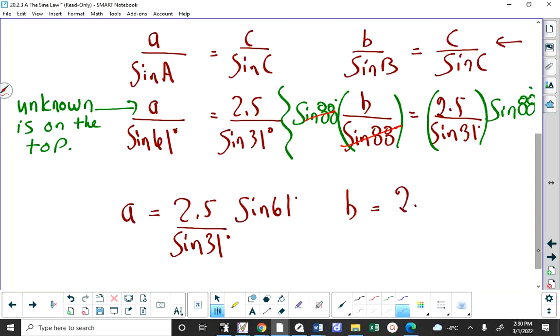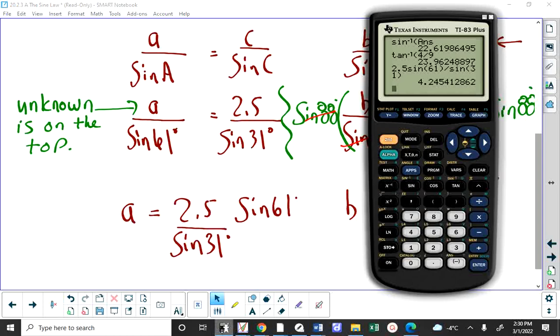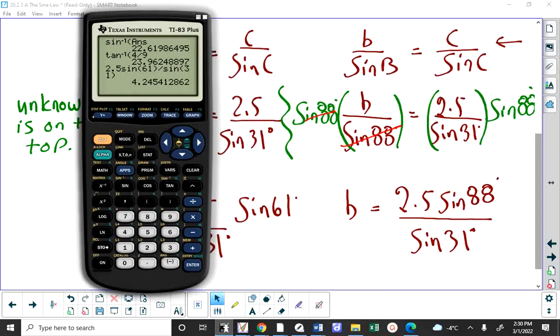So 2.5 sine 88 over sine 31. Do me a favor and calculate that for me. 4.85. So that's A, 4.851.